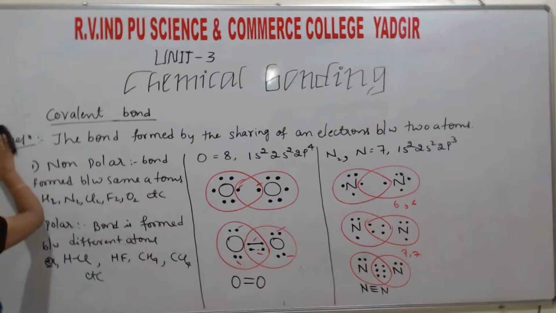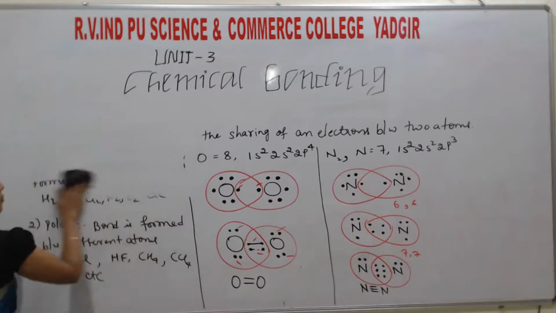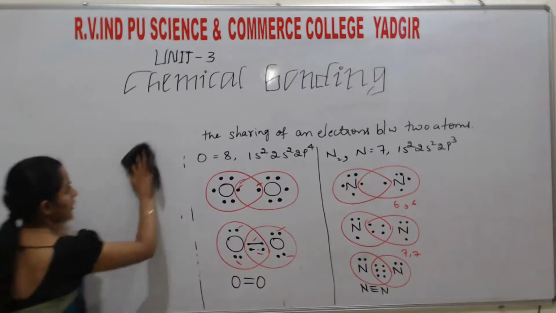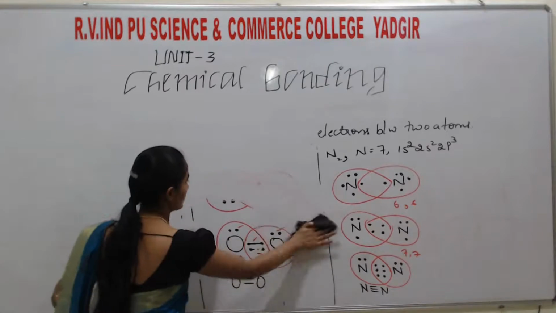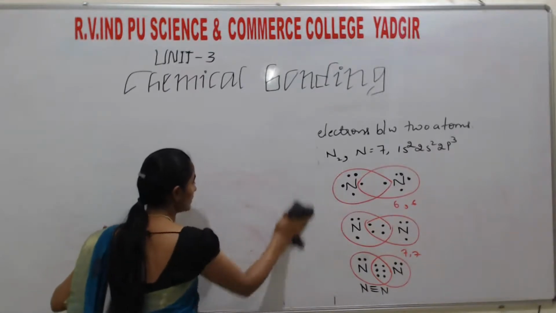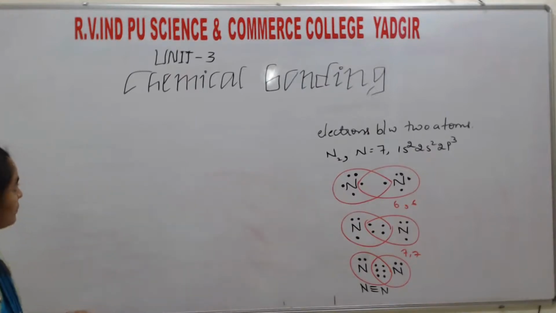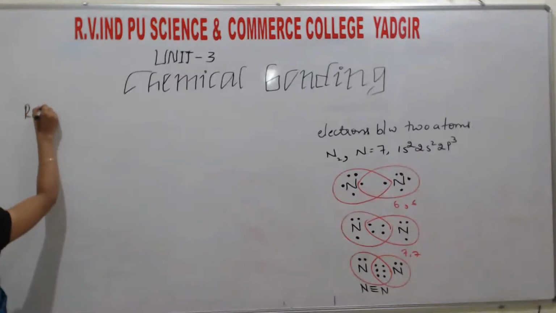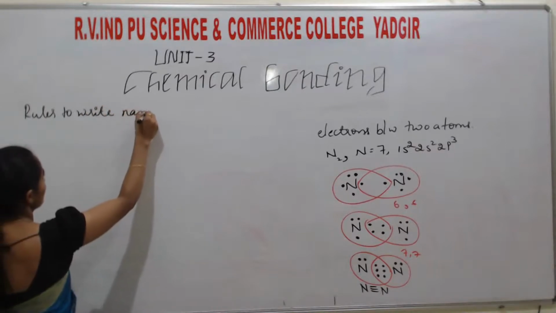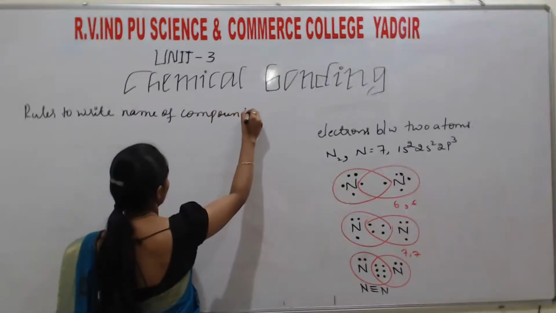Okay. So the next one you have to remember is how to write the name of the compounds or salts. Name and formula you will take. So whether it is a formula or a name, students, the cation should be named first. Rules to write name of compounds.